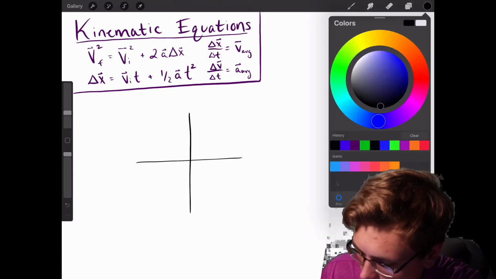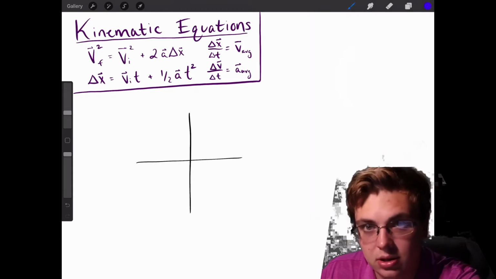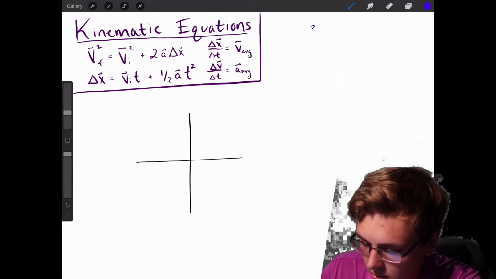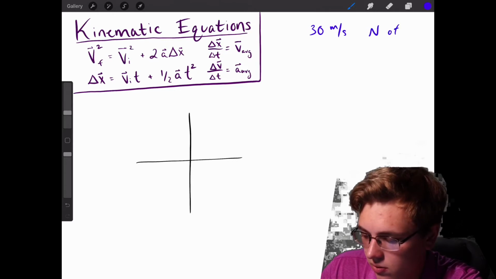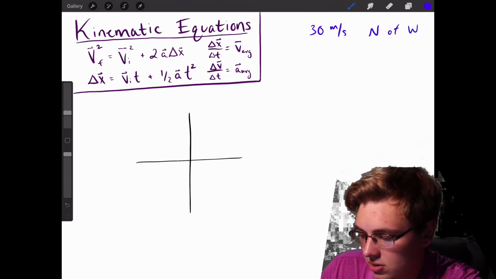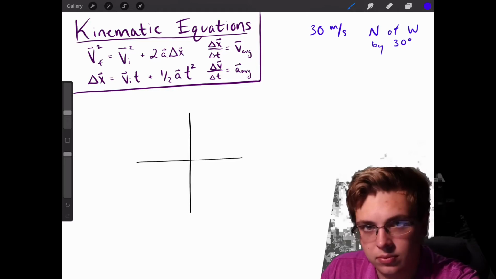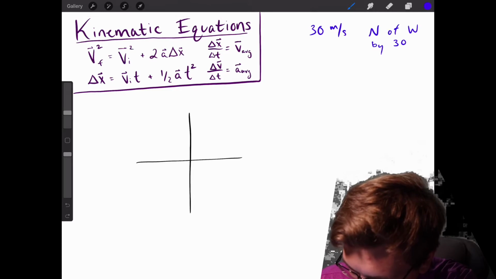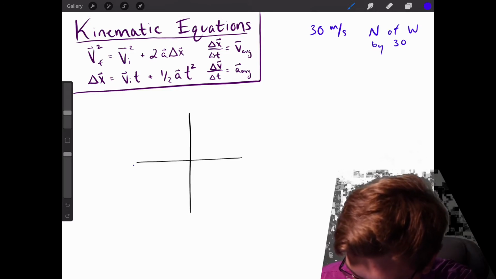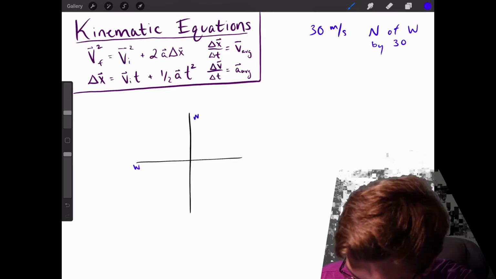Now, let's say our question up here is 30 meters per second north of west by 30 degrees. So first off, drawing this, north of west. So here's our west, here's our north.